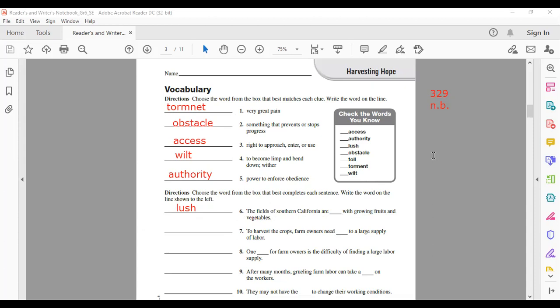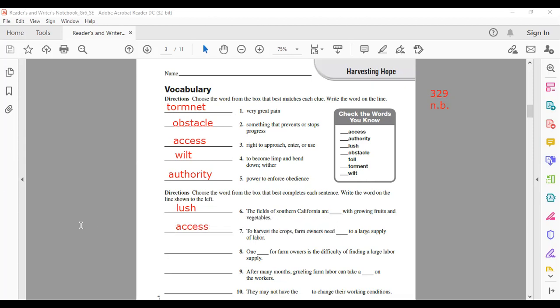To harvest the crops, farm owners need a large supply of labor. They need to bring other people from other places to work with them in the farms. So what they need is access to a large supply of labor. Access.